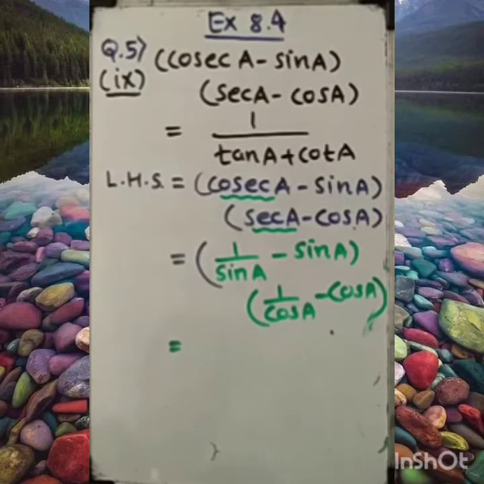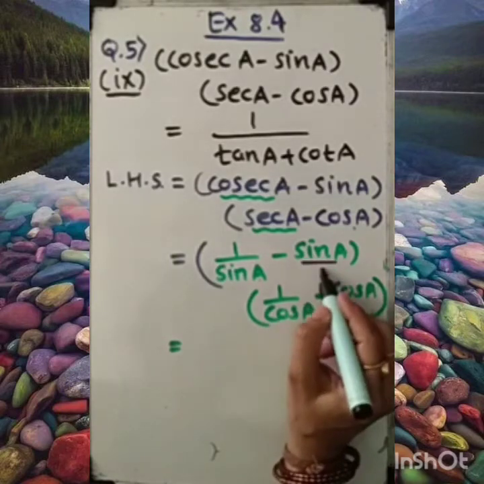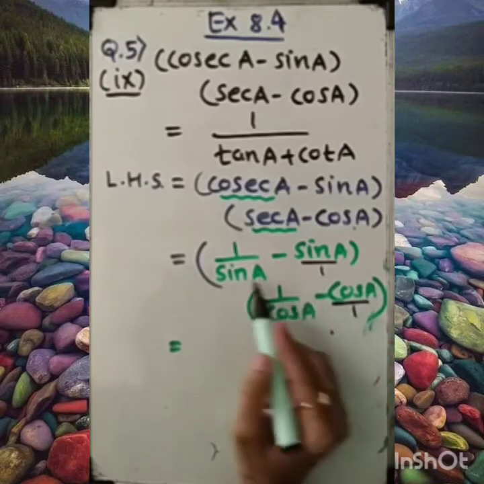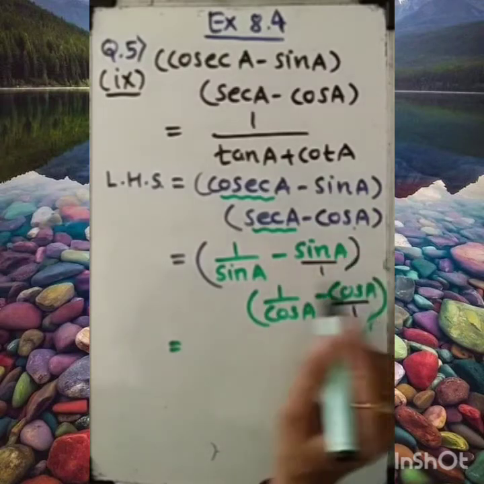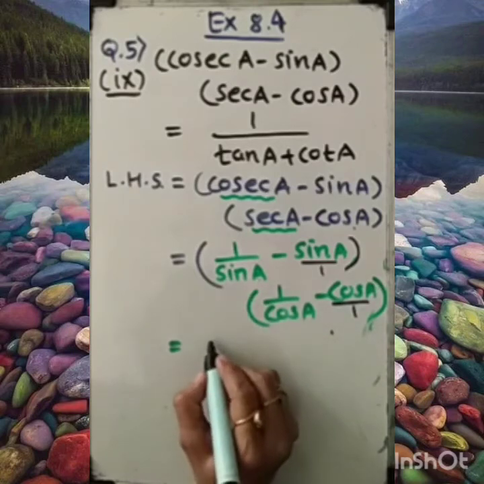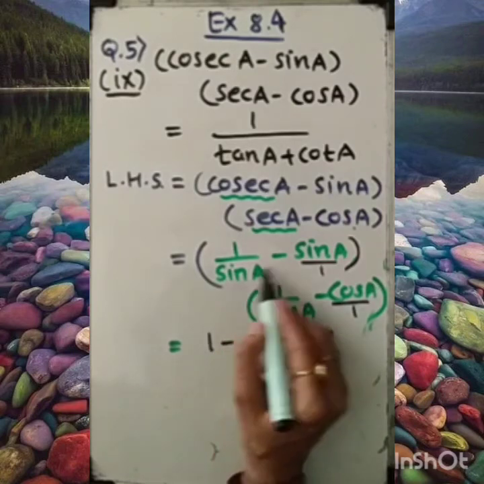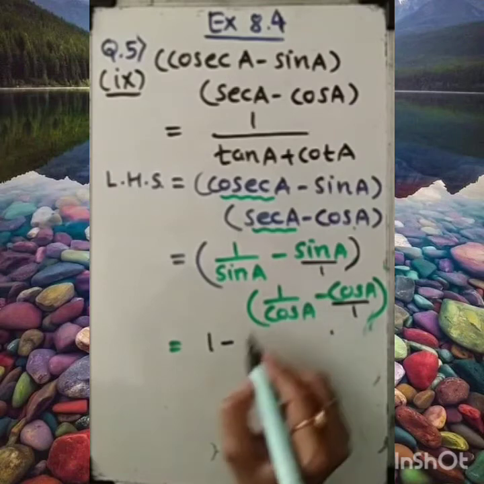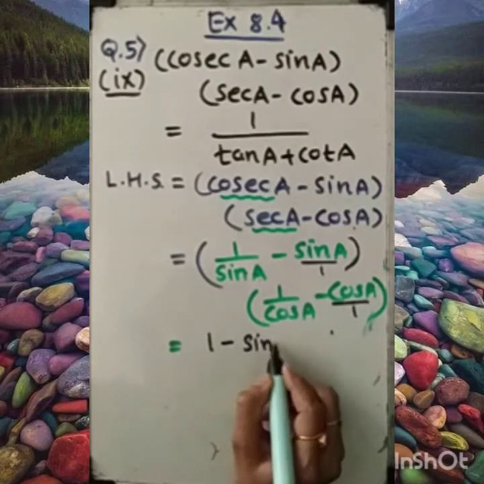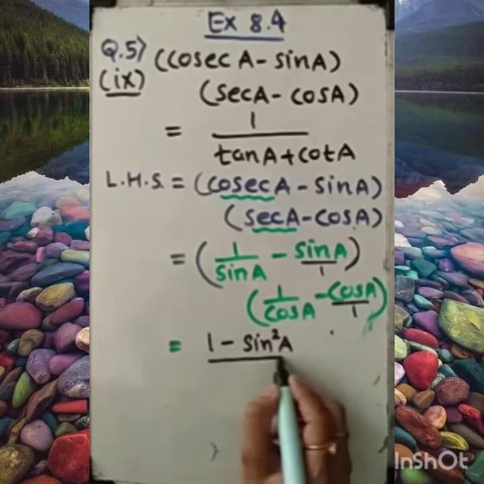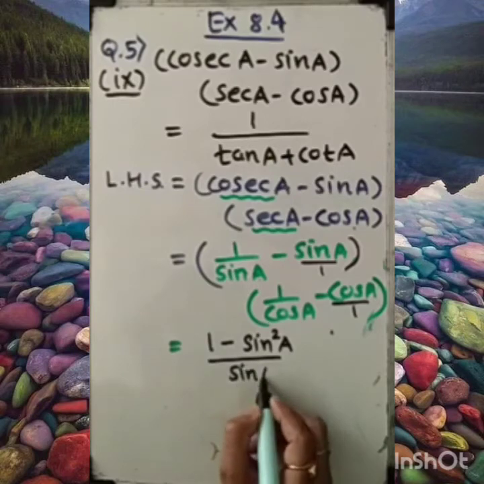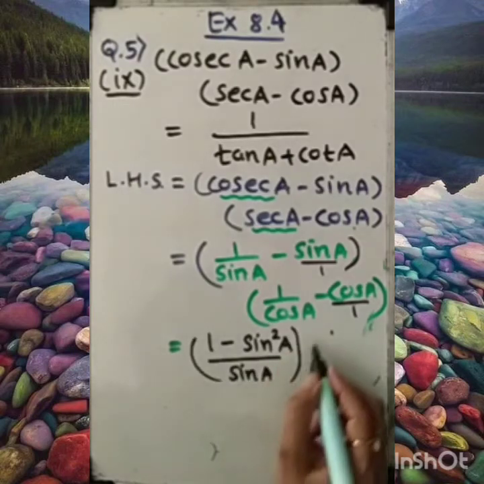Now let me take an LCM. If I take an LCM, here nothing means consider 1. So the LCM for the first bracket will be sin A. So I need to write 1 minus sin into sin, so it is sin square A, and the LCM is sin A. This is the first bracket.